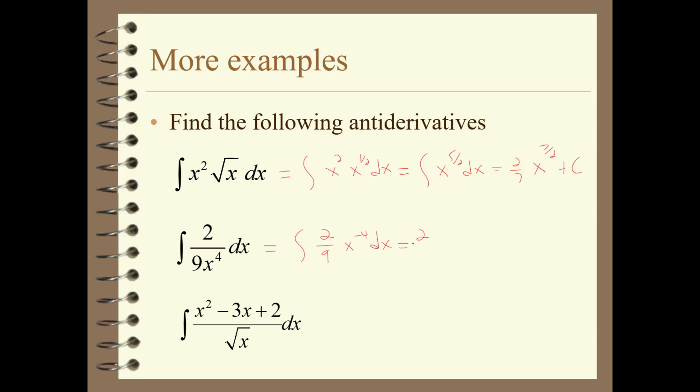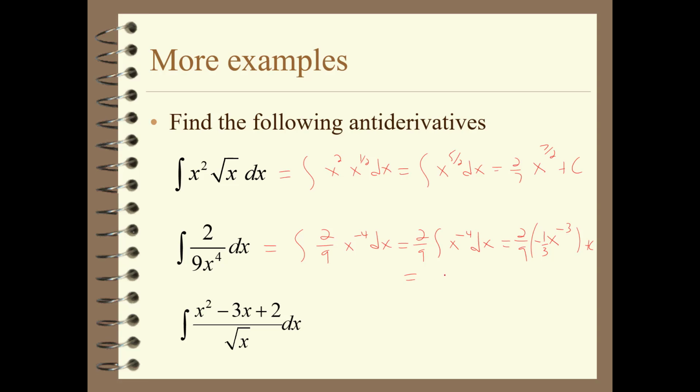I can then take the constant out and take the antiderivative of just x to the negative 4 dx. And I know how to find this antiderivative, x to the n. I just take the x, I increase the power by 1, and I multiply by the reciprocal of that power, and I add c. Now this time I'll have to rewrite that, make it look nice.